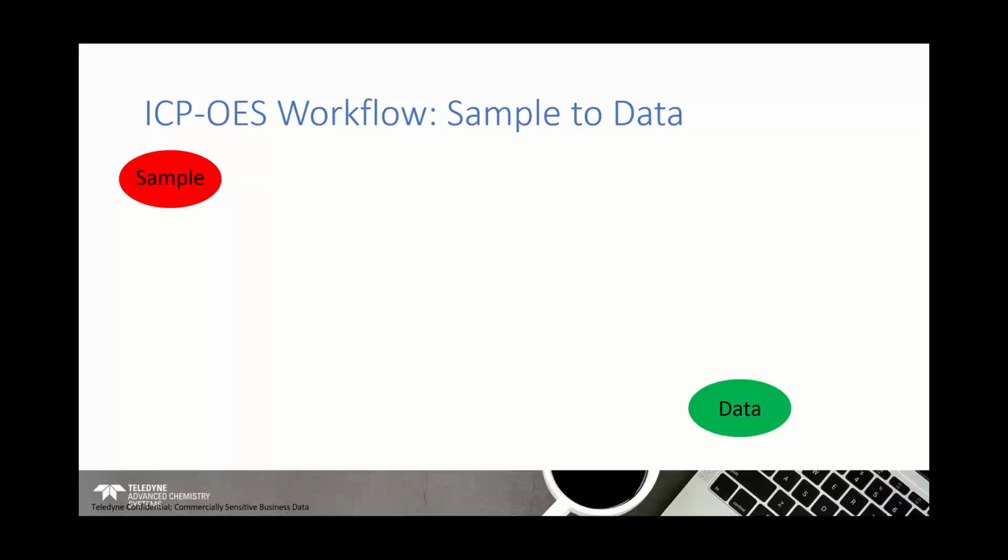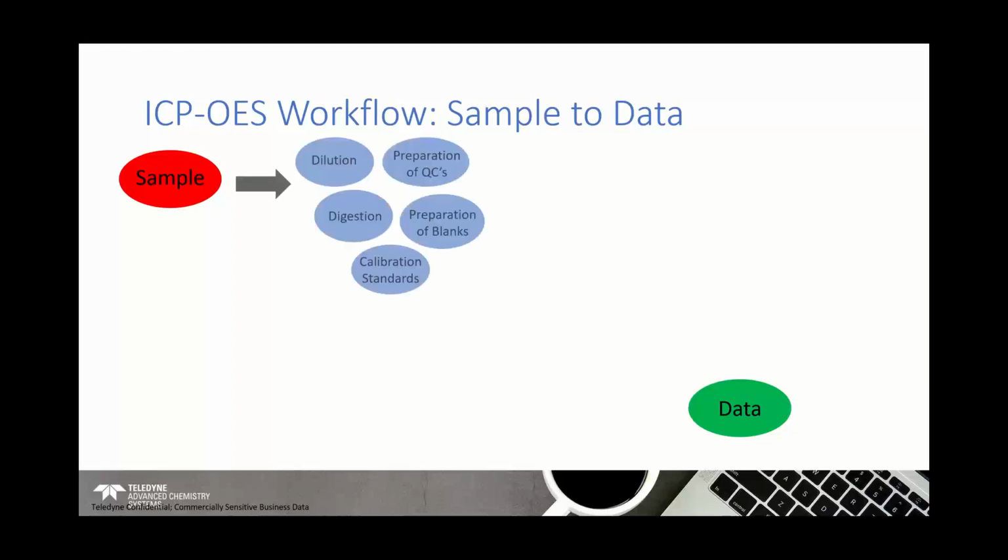So in terms of ICP OES analysis in this workflow, what comes after we have a sample? The next thing in this case is preparation processes. This sample might be in a solid form, or it might be in a liquid form.